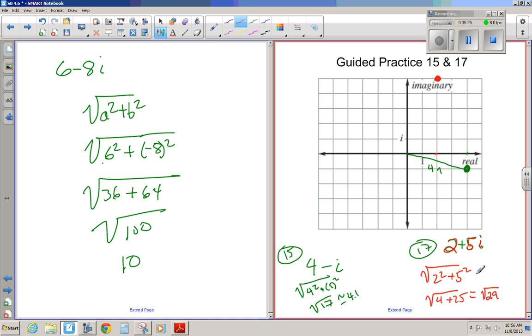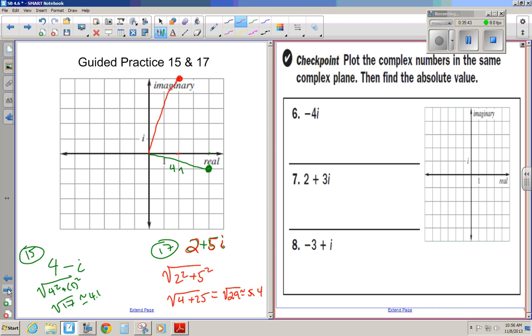Now the square root of 29 is not a very nice number. It's about 5.4, so the distance from here to there is approximately 5.4 units. All right, we're almost done.